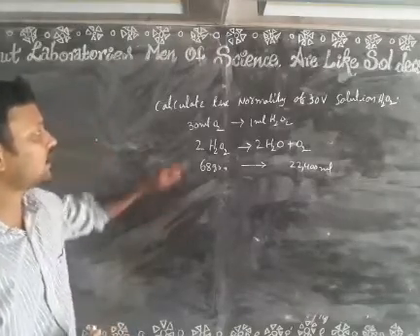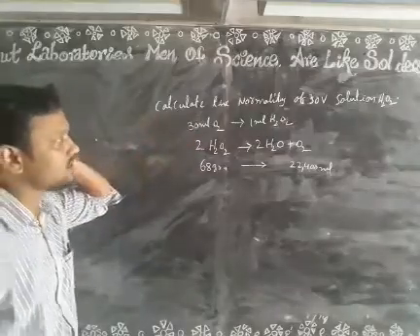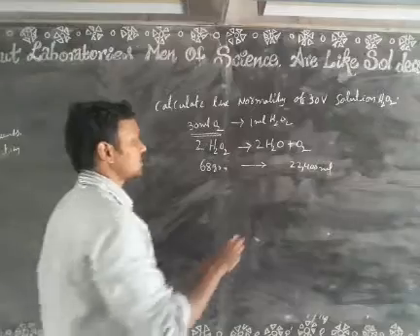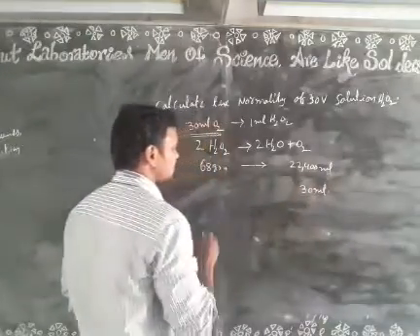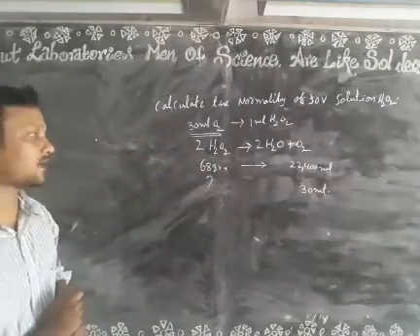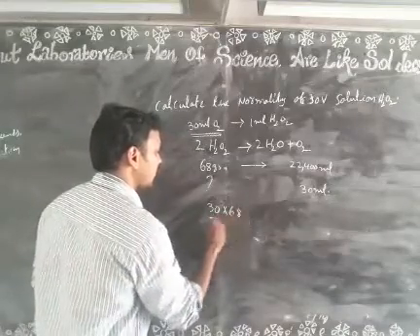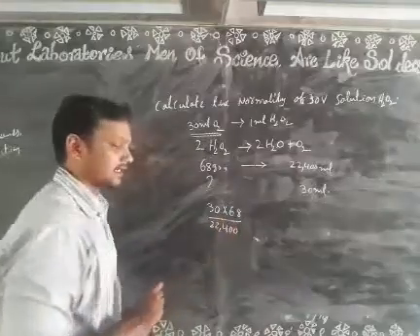We know that 30 volume of solution means 30 ml of oxygen. If you take 30 ml of oxygen, how much hydrogen peroxide is required? We have to calculate 30 into 68 by 22,400.